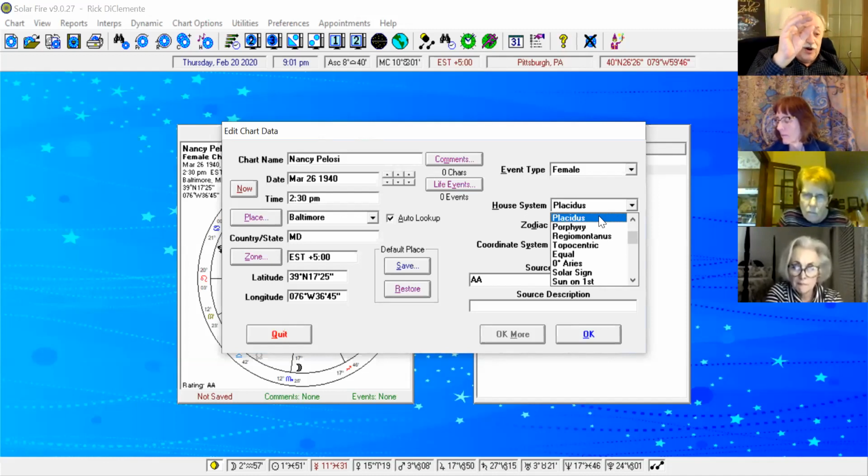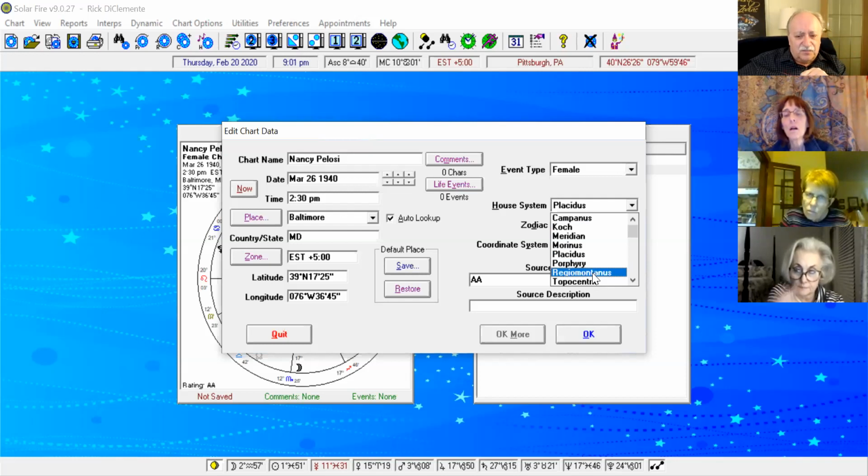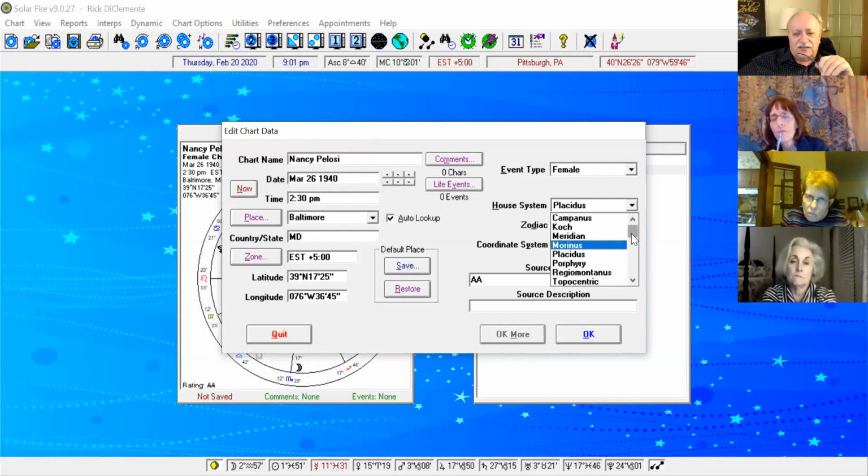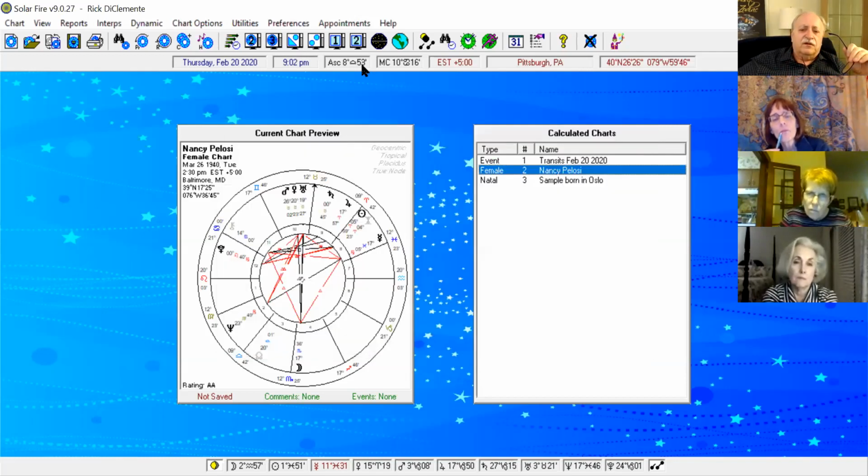That's what tells us where the third house is, where the fourth house is, where the fifth house is, etc. Other people use equal houses, where they're all equal. Other ones that are popular are the Koch and the Regiomontanus. Some people use Porphyry. Now, I'm not going to get into a big argument about these because it gets very complicated. I just wanted you to be aware of what's going on.